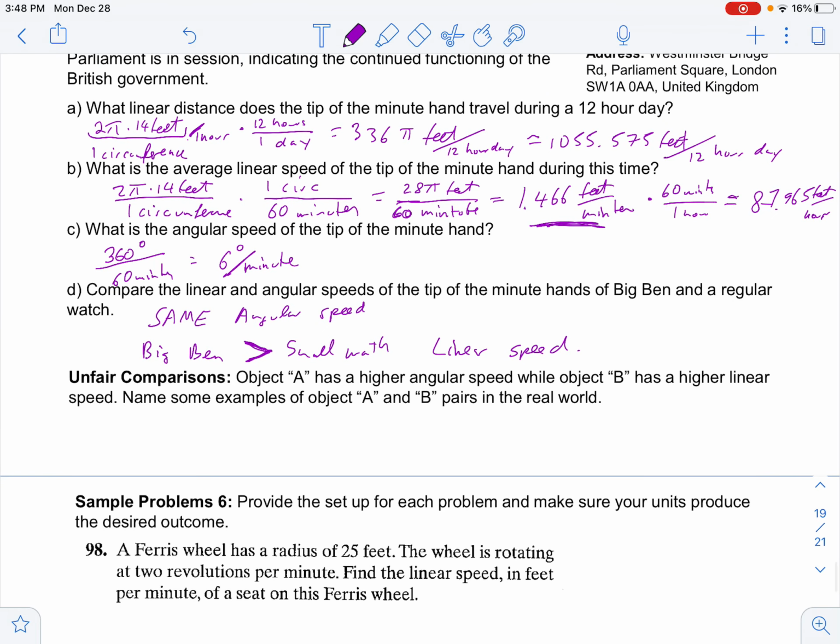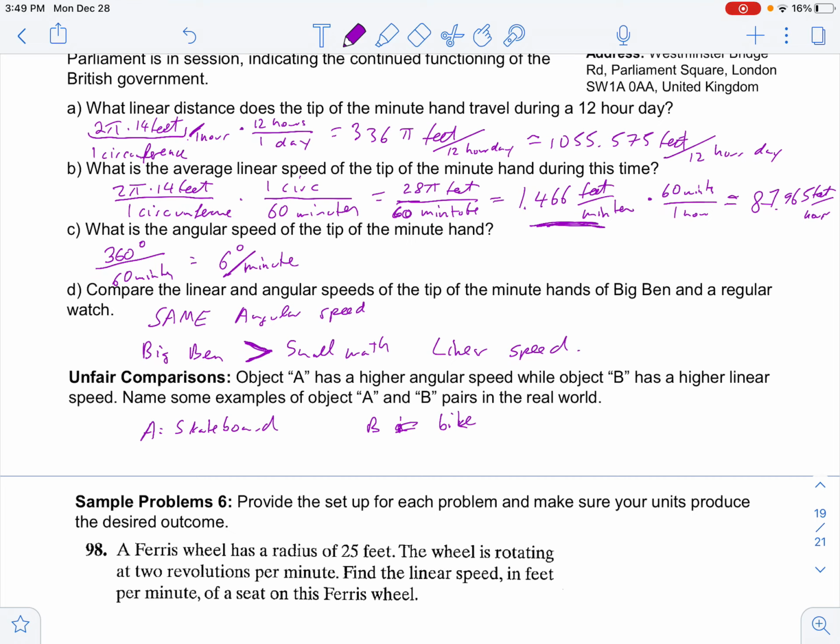And here, for unit comparison: object A has a higher angular speed, while object B has a higher linear speed. Name some examples of A and B pairs in the world. Object A could be a skateboard, and B, let's say, is a bike.